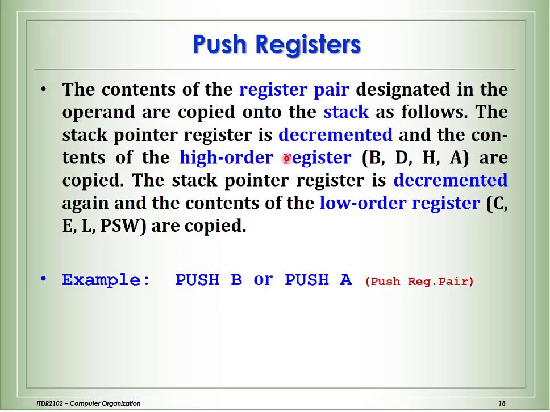First, the stack pointer is decremented, and then the data is loaded, which is the high order register copied, and then again decremented, and then the low order register C, E, L, P, S, W are copied. Okay, so push A or push B. This is a register pair, which is 16-bit.